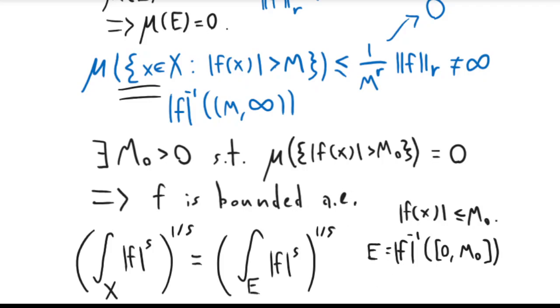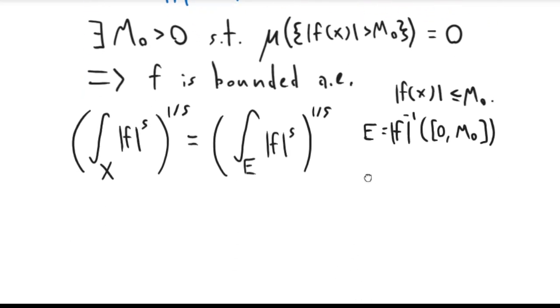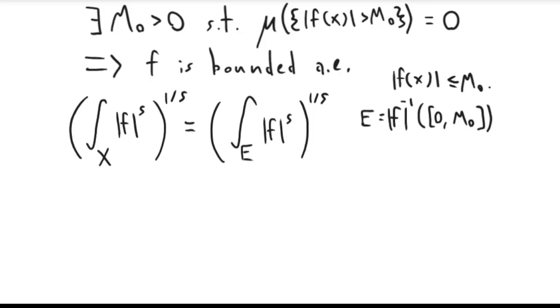So if you try to integrate f over the entire space, you might as well just integrate over the set of points for which f is bounded by M naught, because the complement of that set has measure 0 anyway. Okay, but this integral is clearly finite, right?